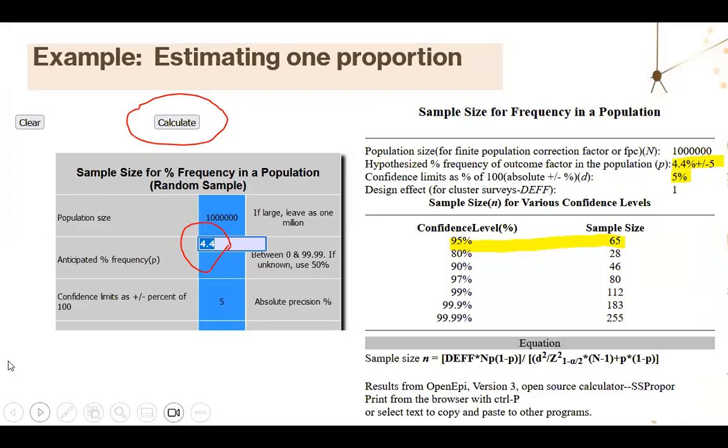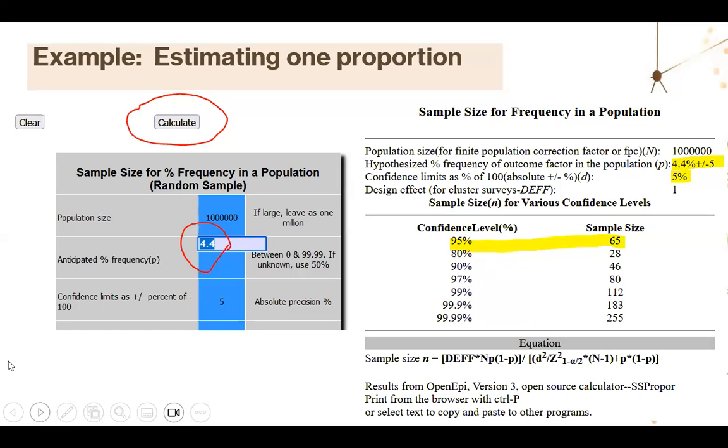So here I will input the value 4.4 in this blank called anticipated percent or frequency. This is because 4.4 is the value that I got from the existing medical literature. So after putting it there, I click calculate, and the output will come out as this figure on the right.